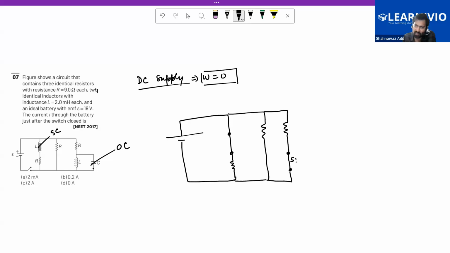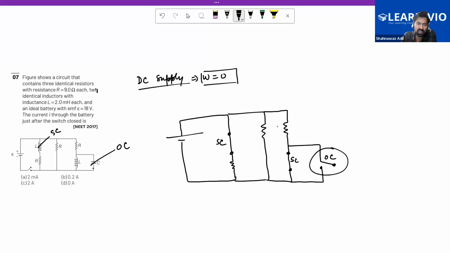So this circuit is open circuit, which means that no current will pass through this. So the effective diagram is these three resistances, and they are parallel.